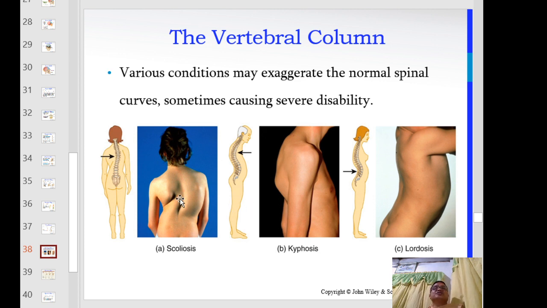We call that scoliosis. It is pitiful for women with this, since the back looks crooked. Then here we have too much hunching. We call that kyphosis. Then here, too much arching, we call that lordosis. This one is common in men, and this one is common in women. They say scoliosis is a disease of beautiful women, but I don't know.